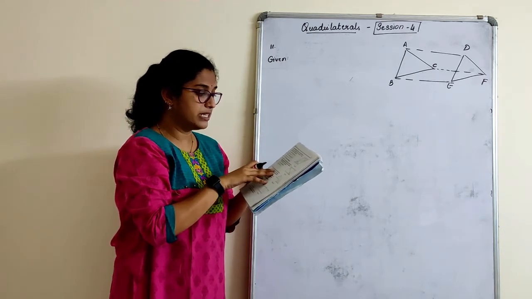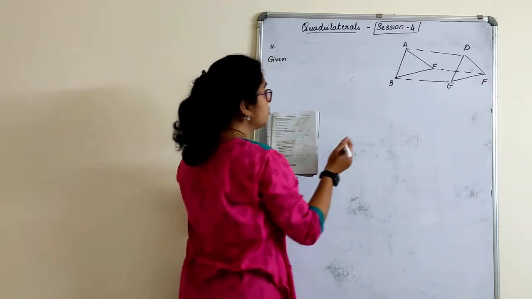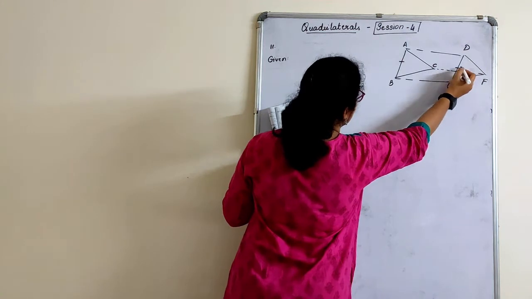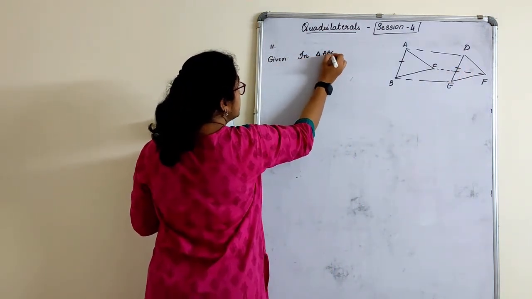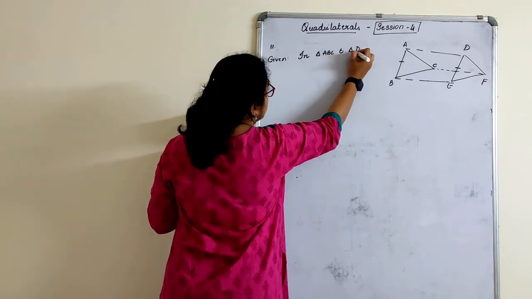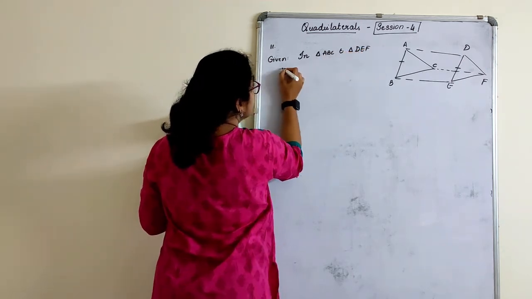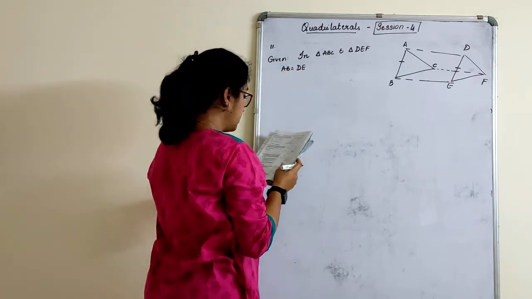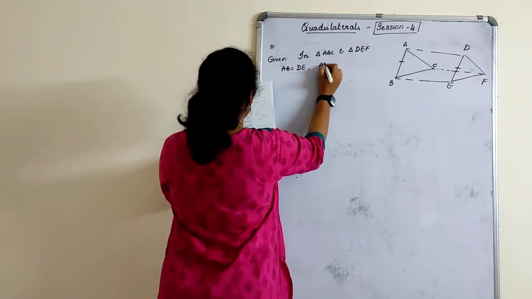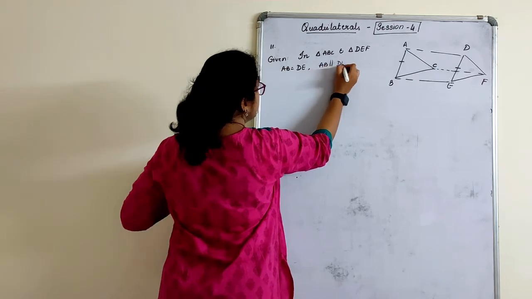In triangle ABC and triangle DEF, AB is equal to DE. Then AB is parallel to DE.